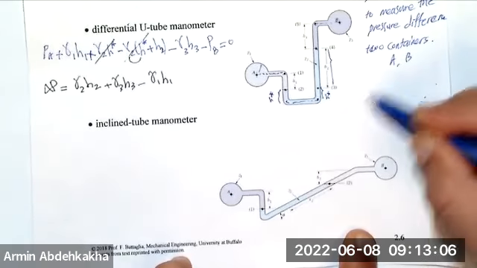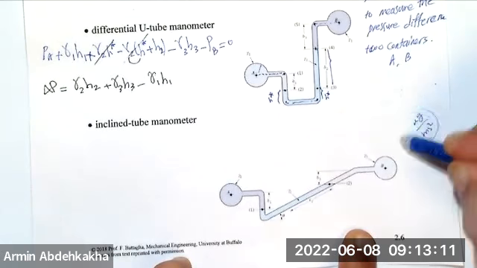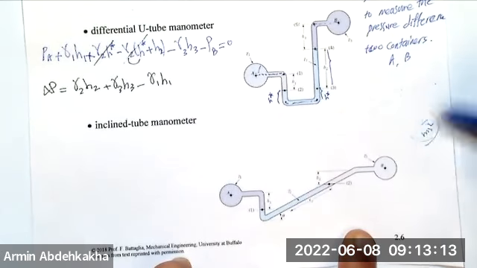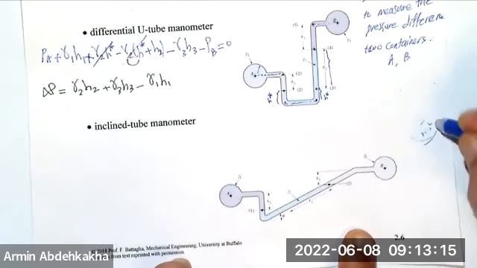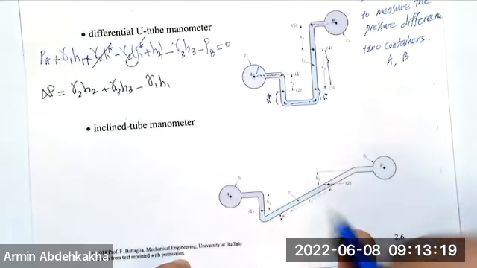It's possible that you're watching the two manometers and you want to measure the difference of pressure based on the height change between these 2 points, right?